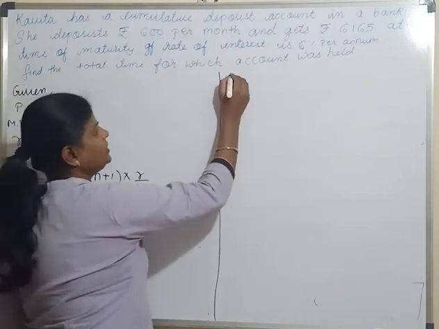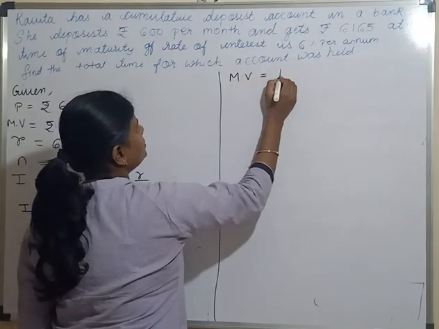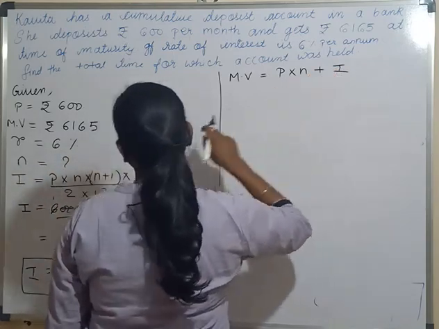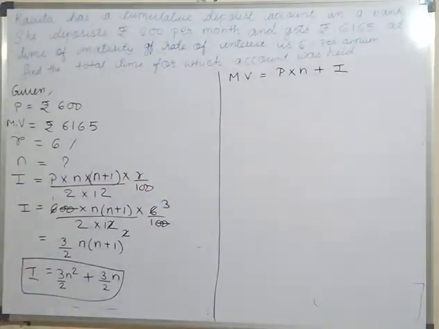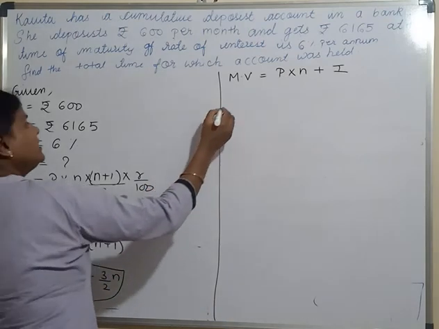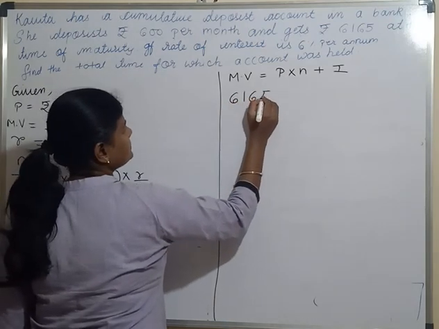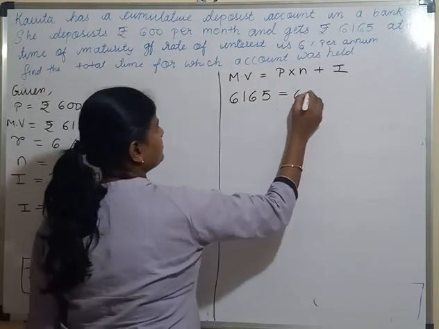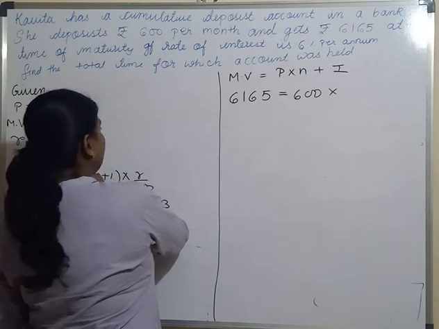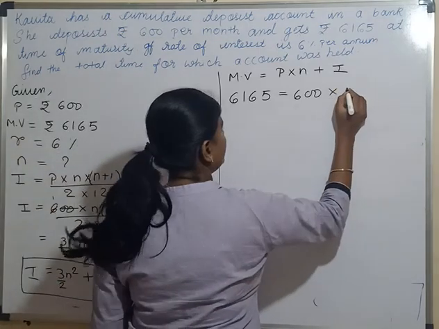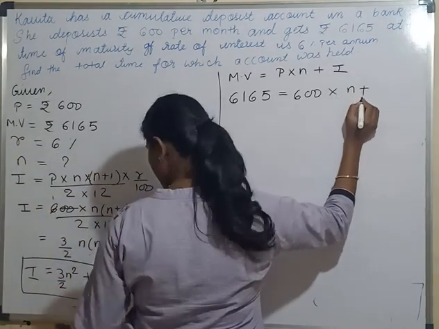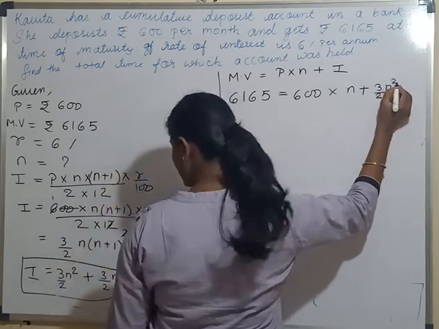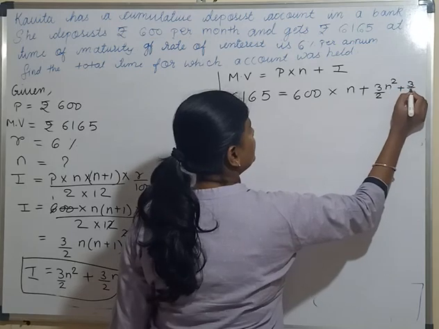Now maturity value. Maturity value equals P into n plus I. We know the maturity value, it is given in the question, it is 6165. Your principal amount is 600, and we have to add I, 3 upon 2 n square plus 3 upon 2 n.